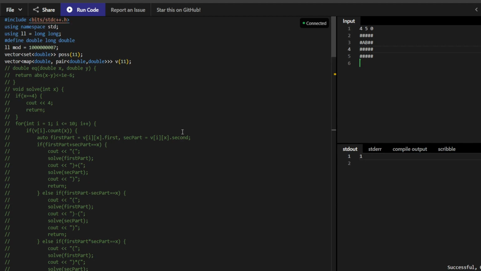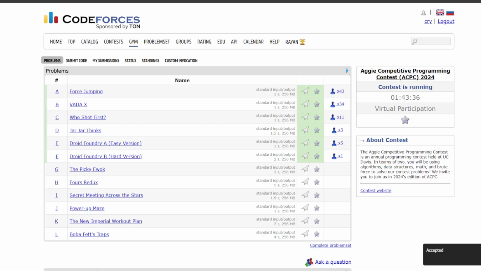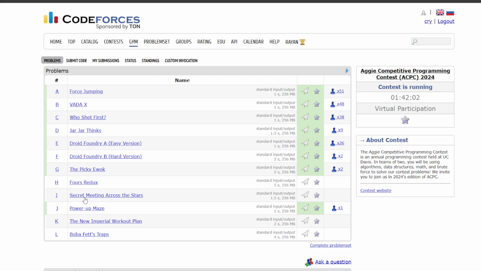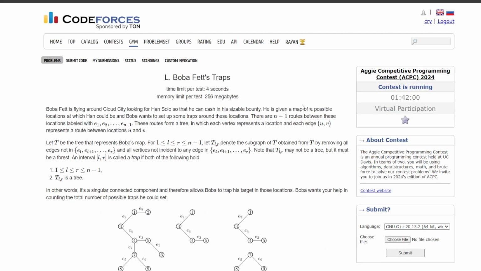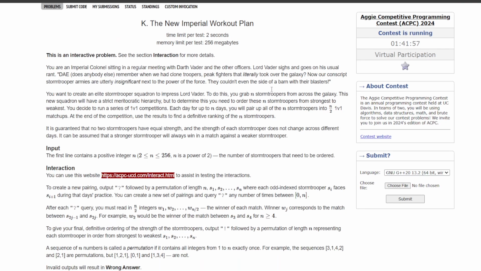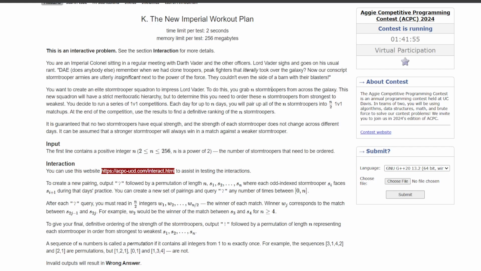Which one are you doing? I. Oh, the math one. You're saying K is easy? It is easy. I mean, we just gotta come up with a way of doing the queries. You can read it if you want. Okay.